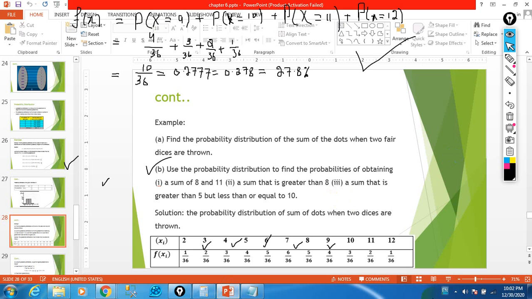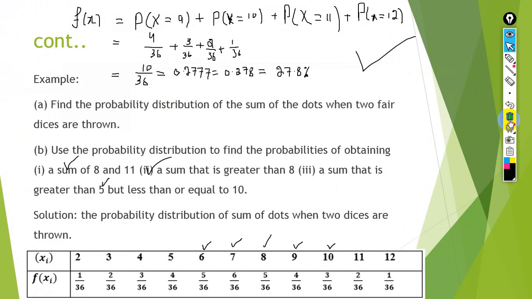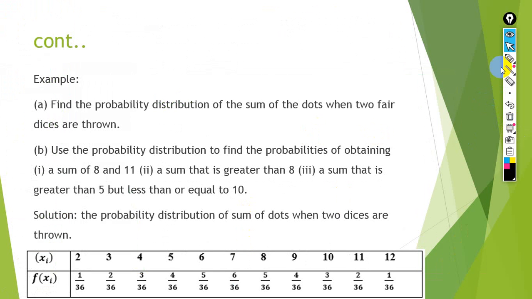So next this one, let me remove this. So what is the question? Sum of greater than 5 but less than or equal to 10.